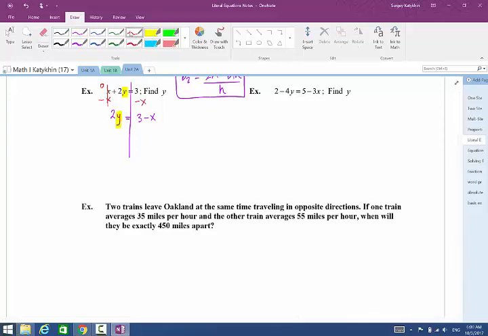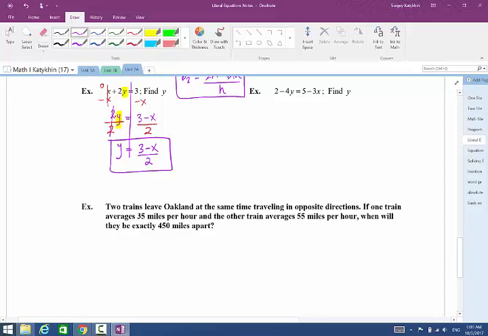So what's keeping that y from being all by itself? You're multiplying by 2. Inverse operation will be to divide by 2 on both sides. So that's exactly what we're going to do. 2 divided by 2 is 1, and you get y is equal to 3 minus x, divided by 2, and that will be our solution here.